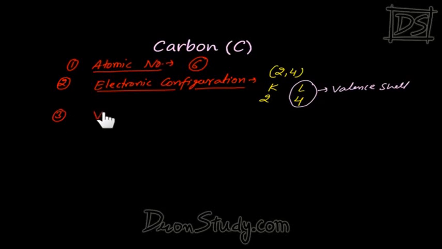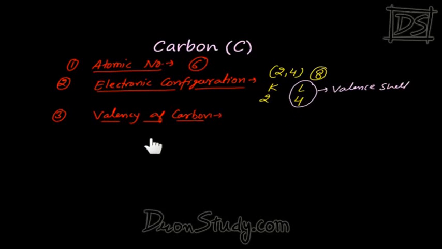About the valency of carbon. This is so important. How many electrons are there in the valence shell of carbon? 4. And we have studied the octet rule, which states how many electrons should be there in the outermost shell? 8. So are there 8 electrons in the valence shell of carbon? No. So what would carbon do?